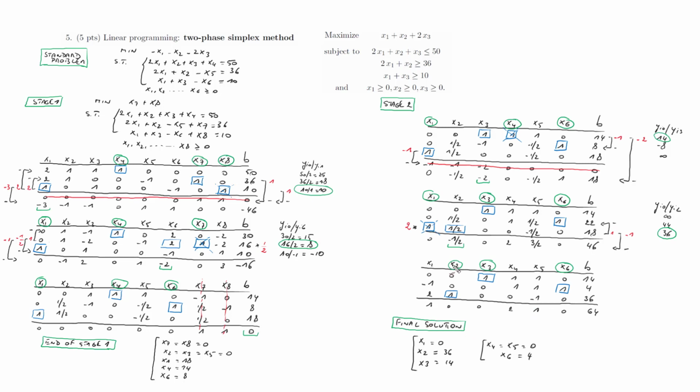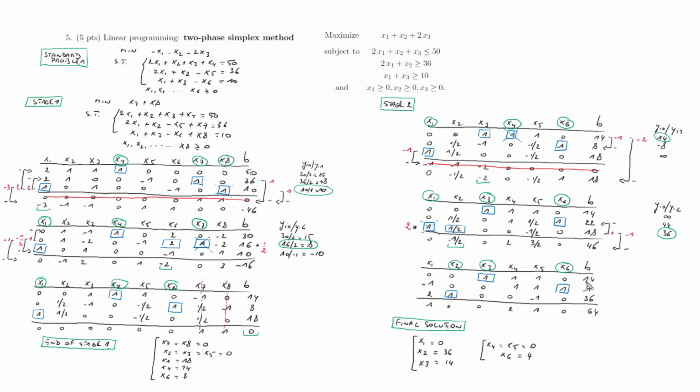We know that the basic variables are x2, x3, x6, but x2 and x3 are original variables from the problem, and as you can see, x2 is 36, x3 is 14, and x1, another variable from the original problem, is non-basic, so it is 0, right? And if we look at the slack variable and the two surplus variables, they are all 0 except the surplus variable x6 that you can read from the tableau is 4, right?